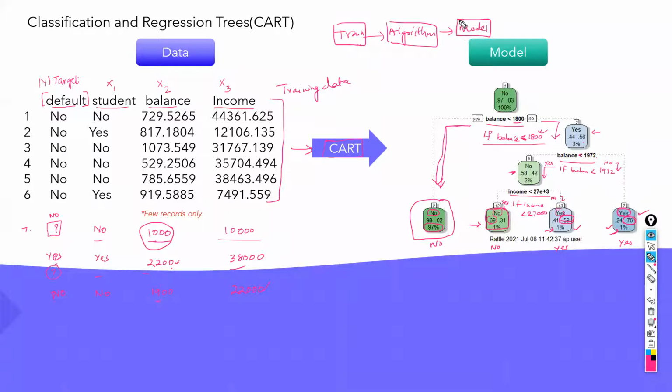And using this model, we can always make predictions in future. So that's how the process is. Right now we are here. We have some training data. We passed the training data to an algorithm. It generated this model, and this model is nothing but a decision tree. And using this tree, in future, if I get an observation, I know how to predict these values from this particular observation, right?